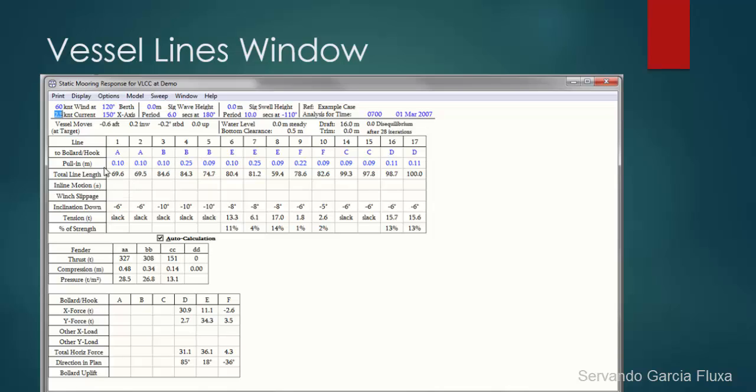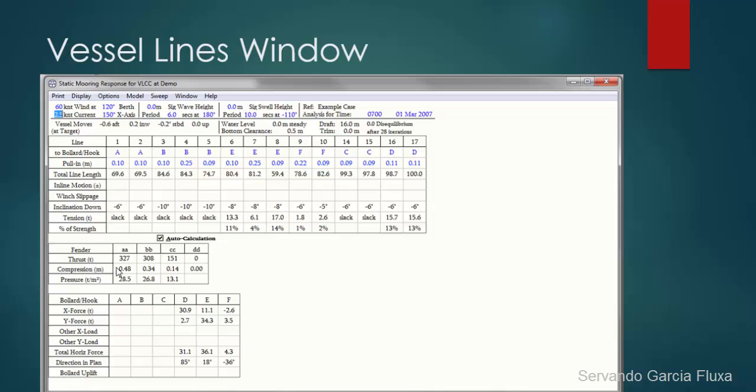Here we can define if there's going to be some pull-in, so to put the line in tension. Then OPTIMOOR calculates the total line length, the inclination, that it shouldn't be more than 15 degrees or 25 degrees. Then OPTIMOOR tells us if the lines are in tension or, it cannot be, but in compression, and the percentage of the strength, that it shouldn't be more than 55%.